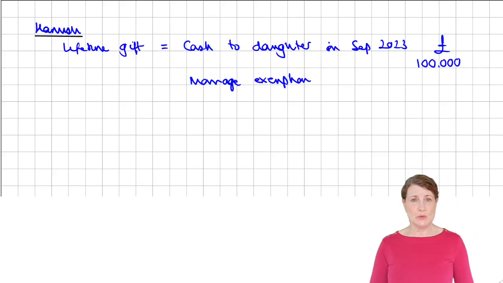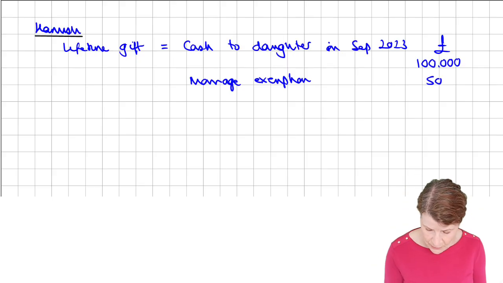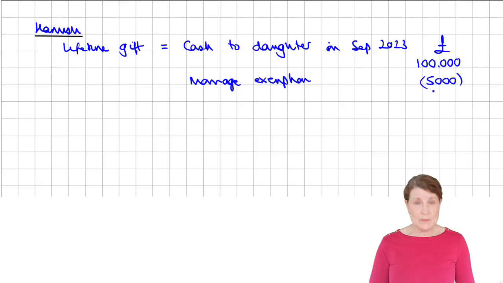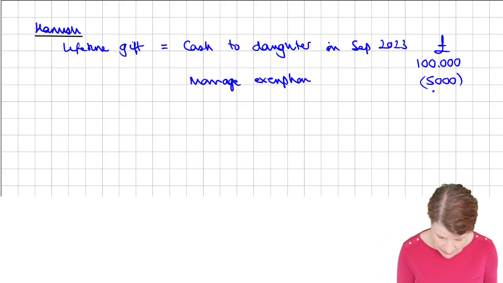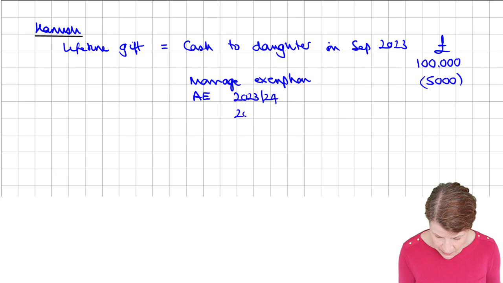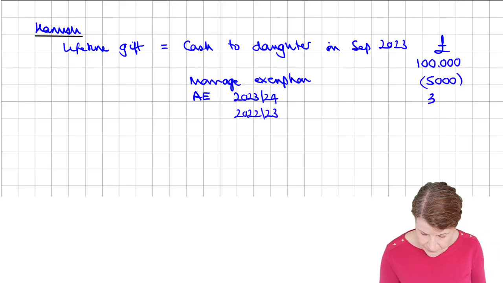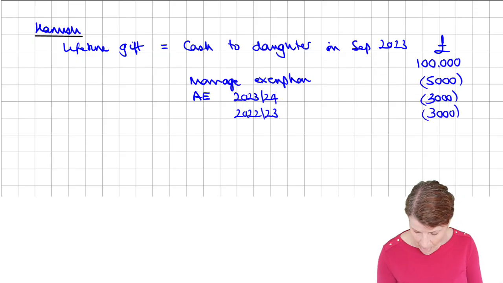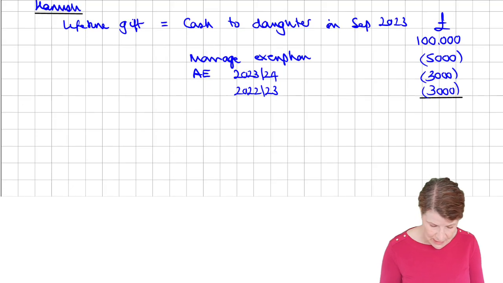From a parent to a child, it's £5,000. We would have been able to claim a couple of annual exemptions as well, for 2023-24 and 2022-23. So 2 lots of 3,000. And that would reduce the PET down to 89, wouldn't it?